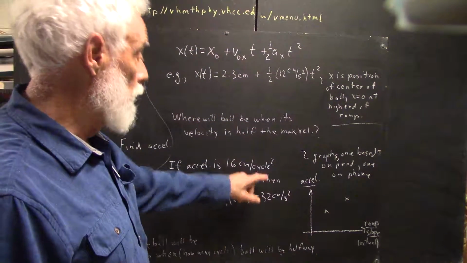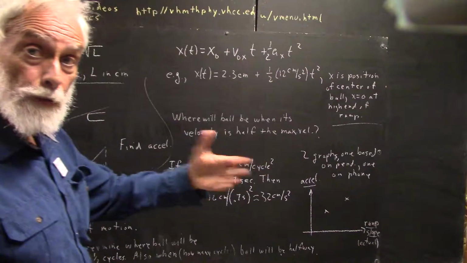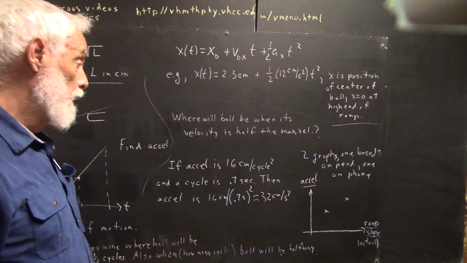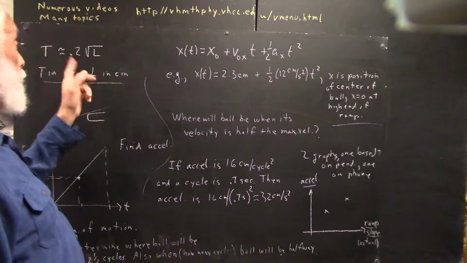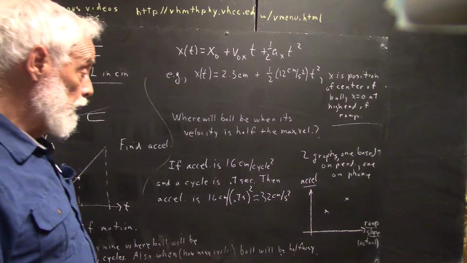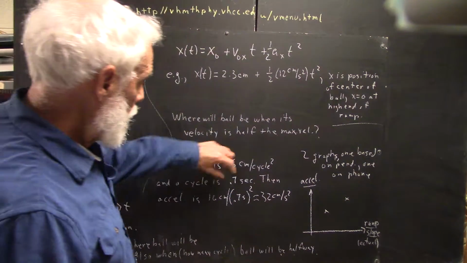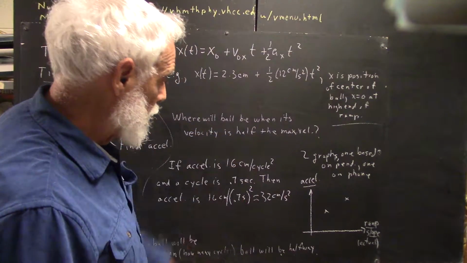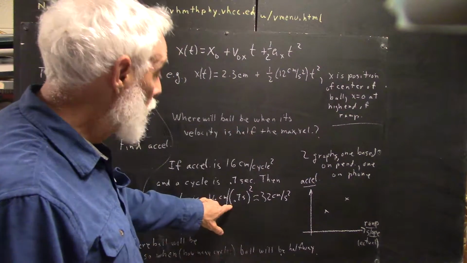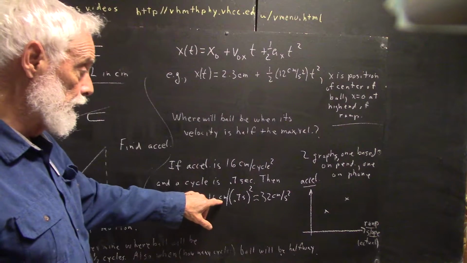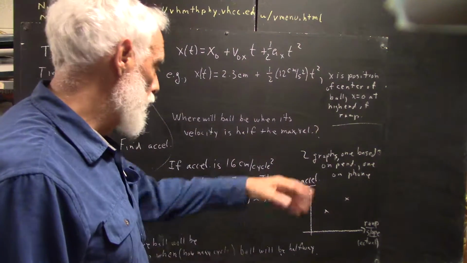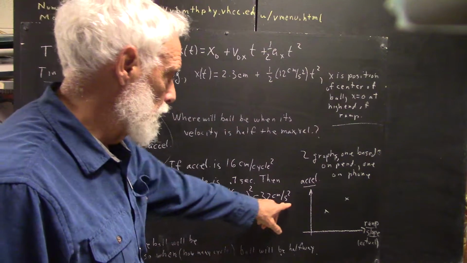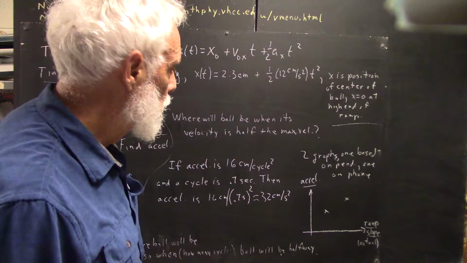Well, if you know how long a cycle is, and presumably you measured your pendulum, everybody did that, you can plug it in and see how long a cycle would be if the pendulum really behaved in the ideal fashion. And then, knowing that a cycle takes 0.7 seconds, you can replace cycle with 0.7 seconds and get 16 centimeters over the square of 0.7 seconds. Work that out yourself. You see it comes out close to 32 centimeters per second squared.